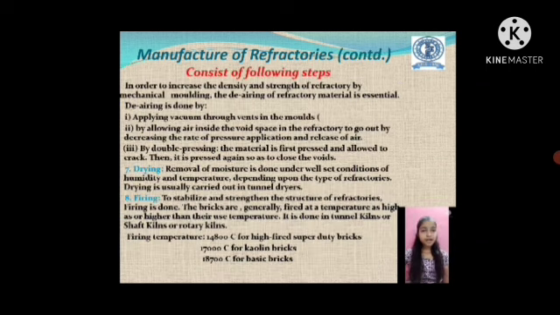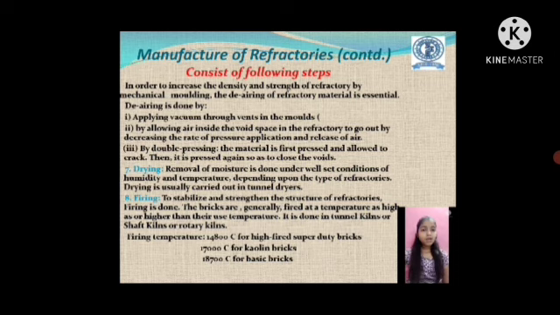Manufacture of refractory consists of the following points. In order to increase the density and strength of refractory by mechanical molding, de-airing of the refractory material is essential. De-airing is done, first, by applying vacuum through vents in the molds.